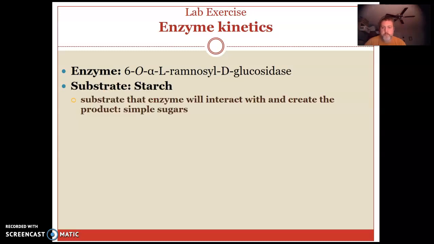Our substrate that we're using is starch. This is a complex carbohydrate, made of long chains, and this is what the enzyme is going to react with. Starches aren't utilizable in their full long chain form. What you need to do is break those down into simple sugars, and that's what this enzyme is going to do.